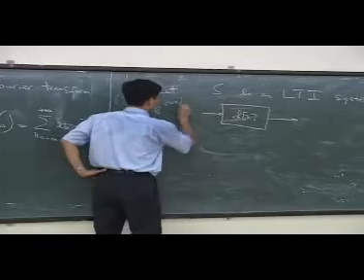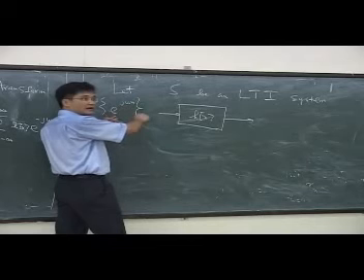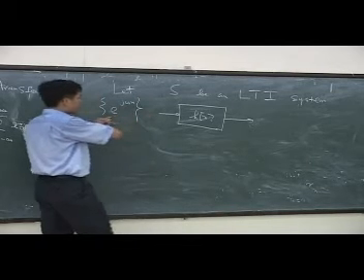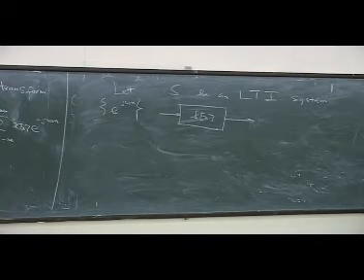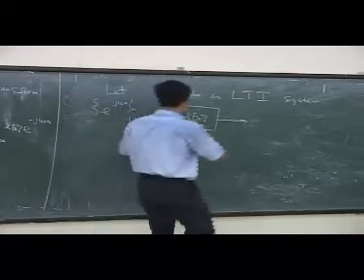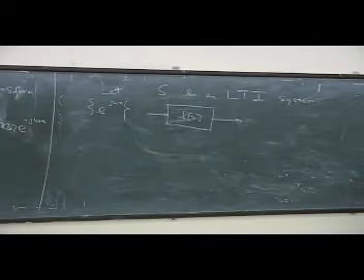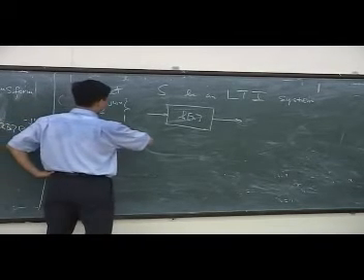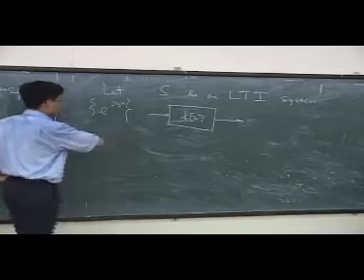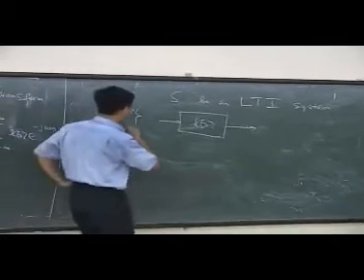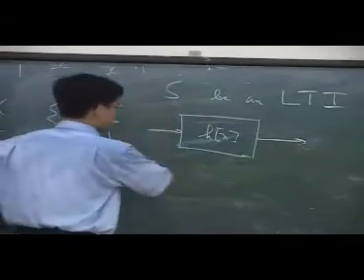If I take that signal as input, then the output of these systems, to be more precise, maybe we can look at a particular frequency. So I fix this omega naught, I fix that signal here, and I want to work out what would be the output of this system.